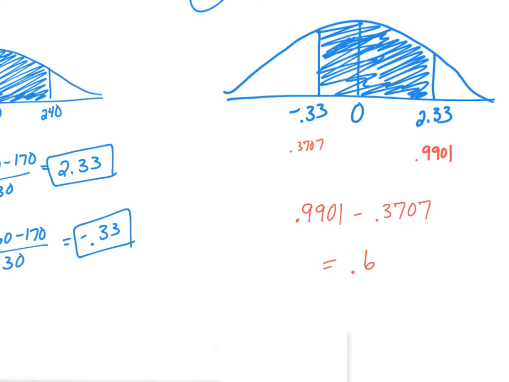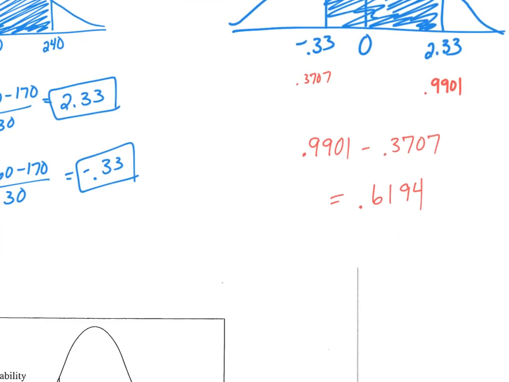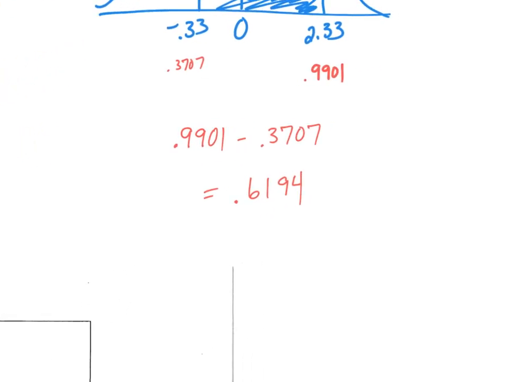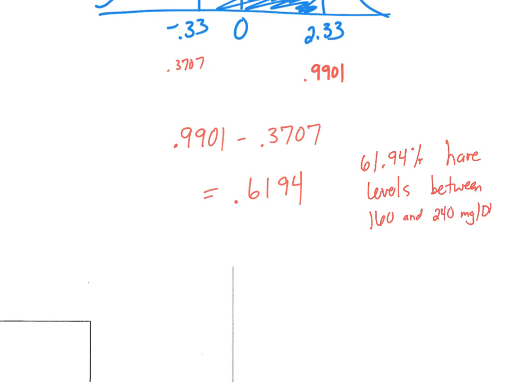We get 0.6194, which would mean 61.94% have levels between 160 and 240 milligrams per dL.